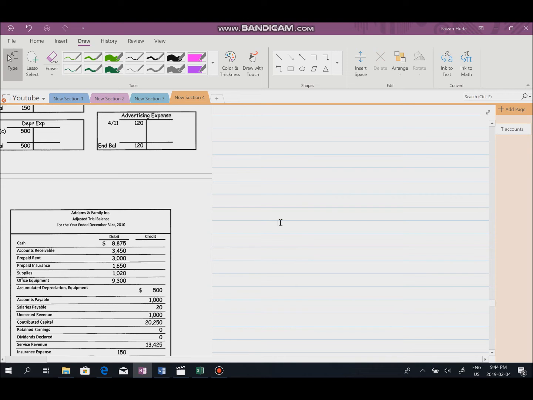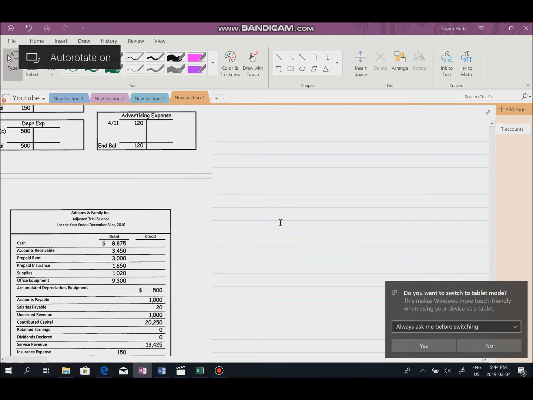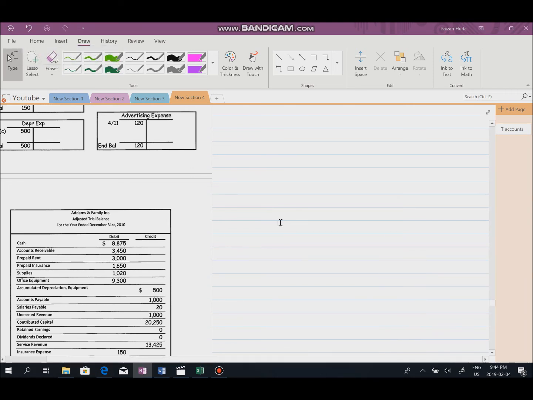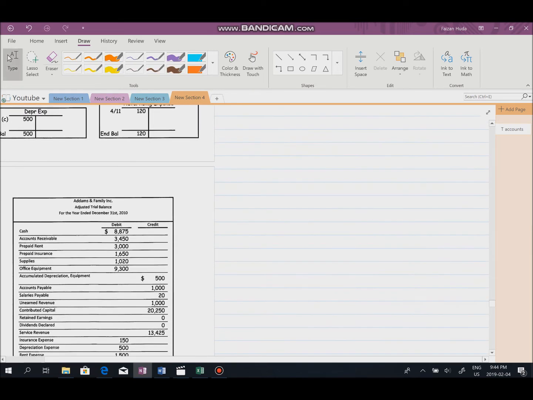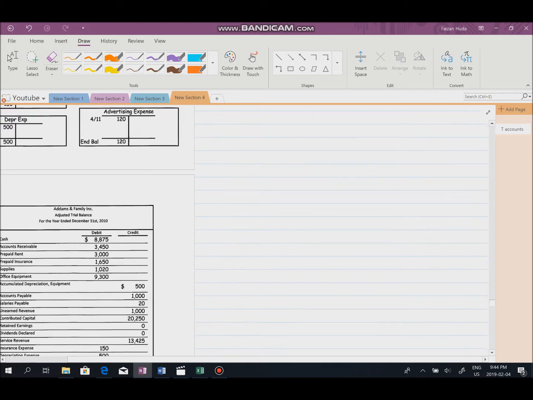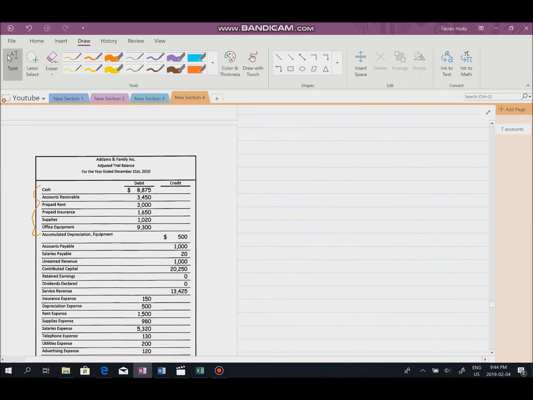Okay, so moving on. As you can see, there's really nothing I could teach you about the adjusted trial balance. I'm just gonna go over some of the brief basics. So after making your journal entries, adjusting them, and calculating your ending balance for T accounts, what would you do for a trial balance? You basically first list all of your assets, or all of your debits first.